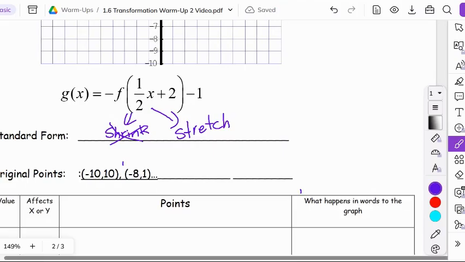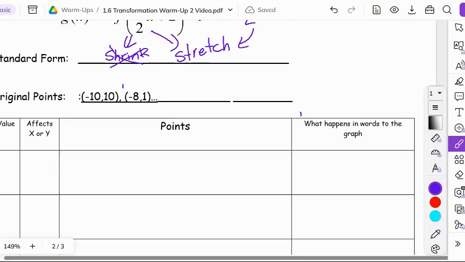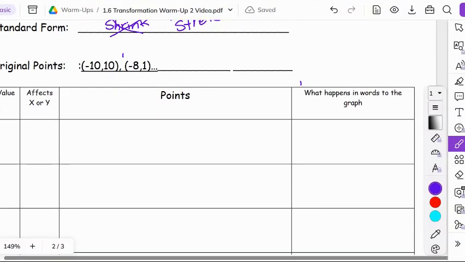So what you have to remember is that B, and this is true every single time, will always be the reciprocal. So in this case it's 1/2, but we need to do the reciprocal. The reciprocal of it is actually 2, and therefore that's what's going to make it stretch. What we're going to do is take the B, and in the table you always want to put what you're going to either multiply or add to the X or Y's.